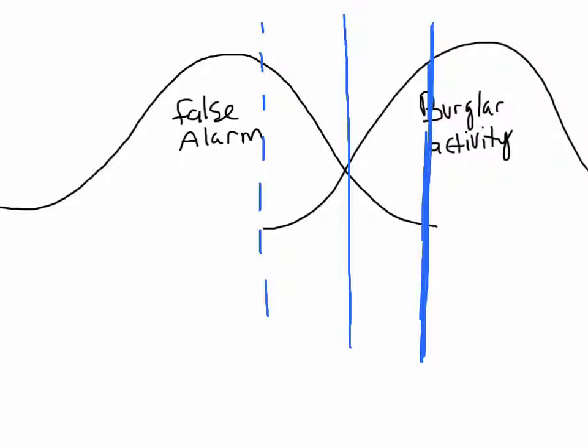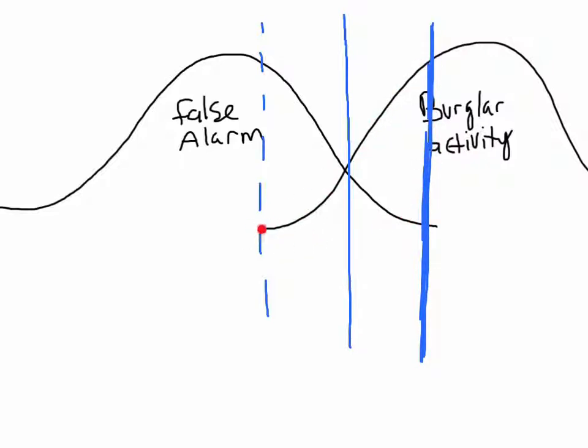Your car's still going off a whole lot right here, your neighbors are still complaining, so you crank the sensitivity really low, and at this point, it's never going to have a false alarm. Anytime this alarm goes off, you know it's because bad guys are coming and trying to get into your car. But there's still quite a few bad guys that can get in without setting off the alarm.